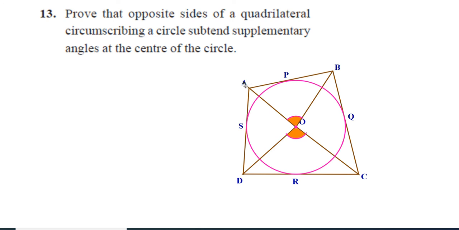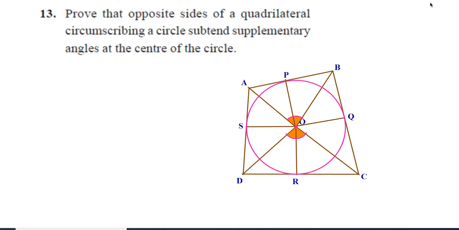First you prove angle AOB plus angle COD is equal to 180 degrees. The same steps you follow, so you can write similarly angle BOC plus angle AOD is equal to 180 degrees. Now how will you prove that the sum of these two angles is equal to 180 degrees? For that you have to join OP, OQ, OR and OS.